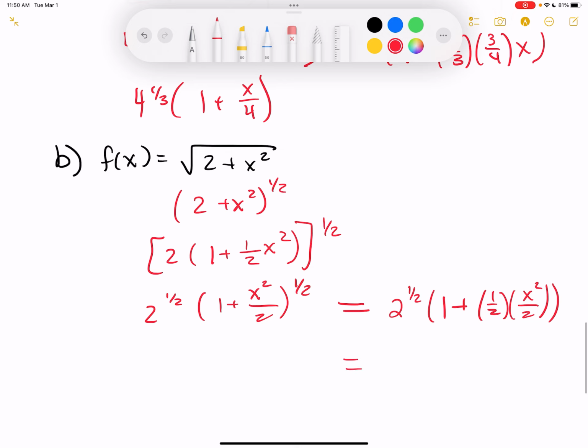So then this is equal to the square root of 2 times 1 plus x squared over 4. And then on the other side, we have the square root of 2 is equal to 1 plus x squared over 2 times 1/2. And I guess what they're trying to say is if you plug in a value and you get an answer, they should be about the same, I think is what they're trying to show here.